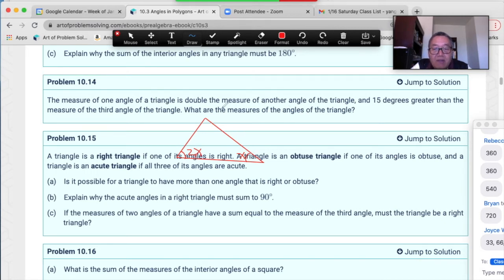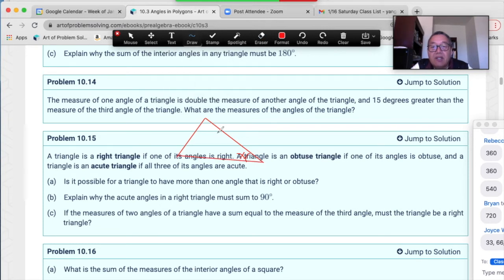Then it's double the measure of another angle of the triangle, and 15 degrees greater than the measure of the third angle. So we might mark this one, not good. Give me a second. Probably we can do it this way. Still connect this.